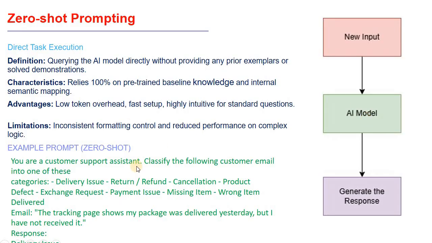Let us see a demo of this zero-shot prompting. Here is the example. You are a customer support assistant. Classify the following customer email into one of these categories. The category may be delivery issue, return or refund, cancellation, etc. So we provide an email and ask the AI model to provide a response about the email.